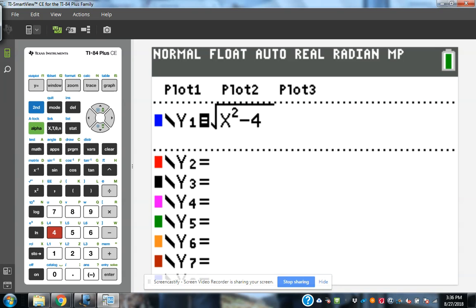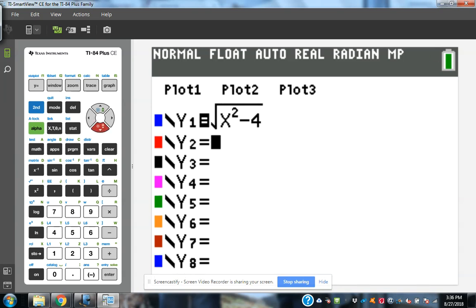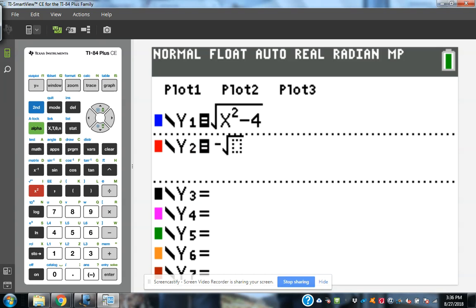Okay. And then I'm going to go down to y2, and I'm going to put the negative side of that. So I'm going to hit negative, which is down here below beside the enter button. That's a negative. If you hit a minus sign right there, it's going to give you an error. So be careful of that. Make sure you're using the negative sign. And then the square root button, and the same thing, x squared minus 4.